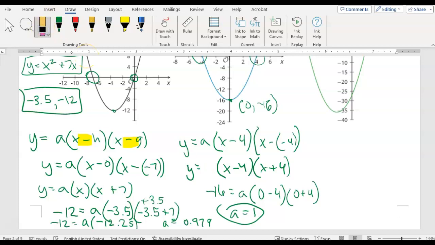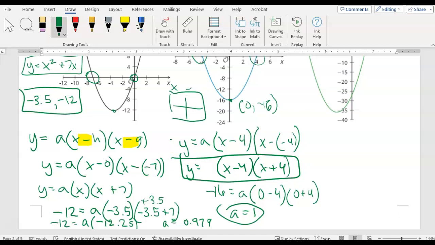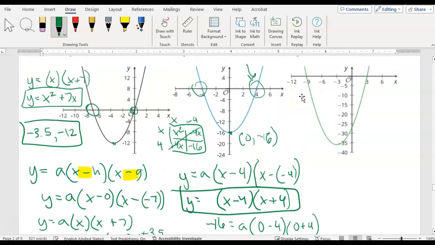So our equation is this one right here, and you can rewrite that in standard form by FOILing or using your box method, whatever you're more comfortable with. And we'll get x squared minus 4x plus 4x minus 16. Notice these will cancel out, and you'll get x squared minus 16.